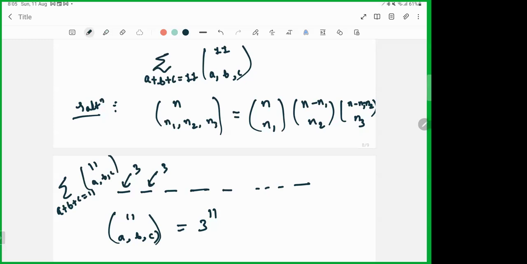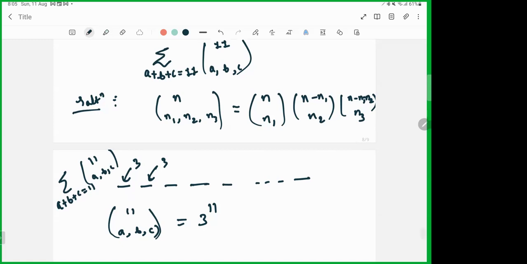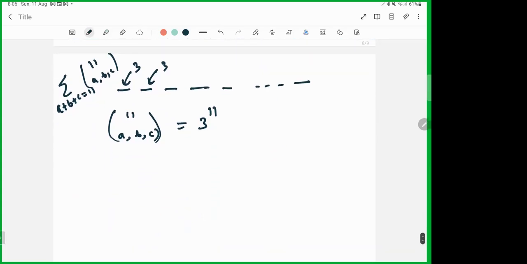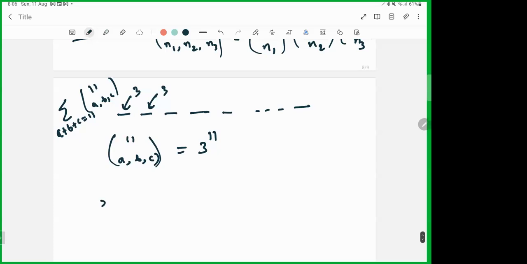I'm giving you this value. Is this clear or not? Abhishek, I will explain another way.